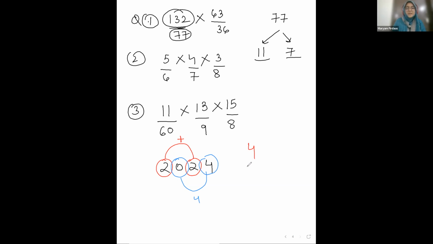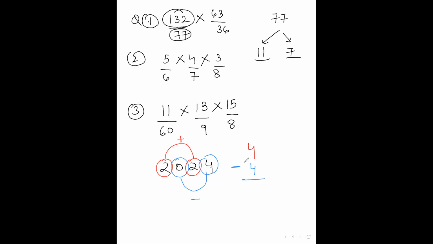Where was I? So what have I even written here? Just a second. Now 0 plus 4 is 4. Now what is 4 minus 4? 4 minus 4 is 0.